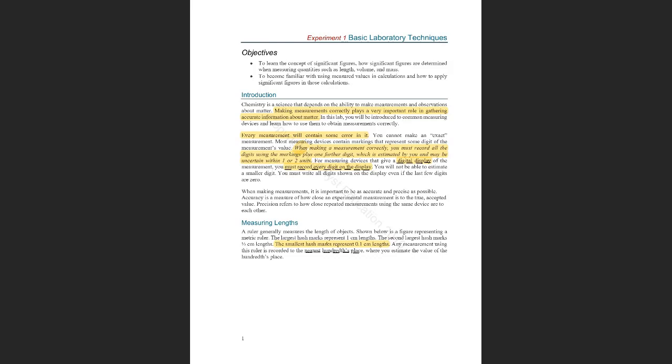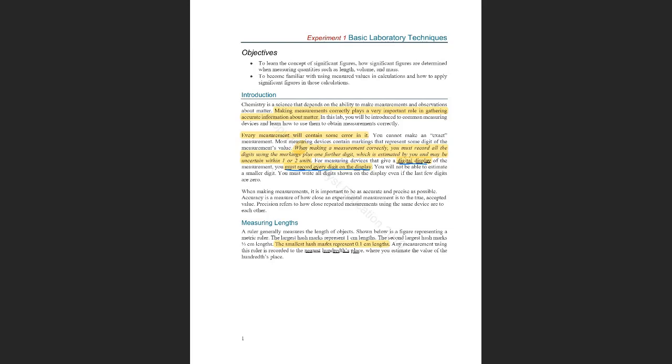So if we are using a digital instrument, here I marked digital display. If you're using a digital balance, you must record every digit on the display.